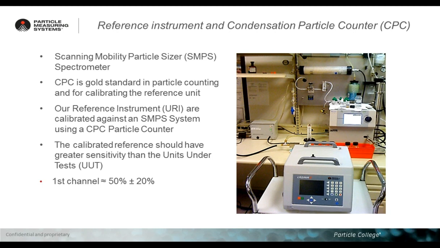Just to give you some information, the Scanning Mobility Particle Sizer, the SMPS spectrometer, is used together with the CPC, the condensation particle counter. They are shown here on this image. On the right side, you can see the SMPS, which employs a radioactive source and essentially gives us the ability to generate specific particle sizes. So we can tell this instrument, I want the 0.5000 micron particles.